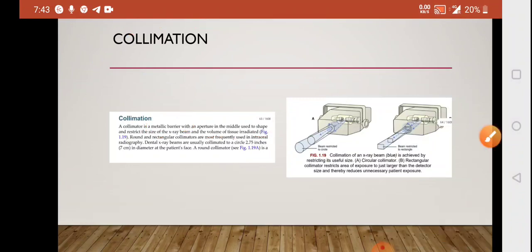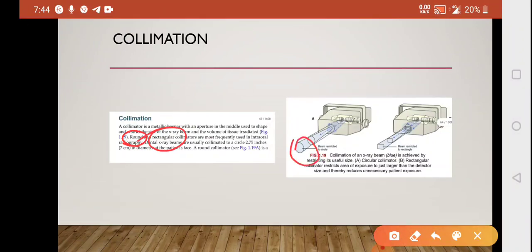Collimators are usually round or rectangular in shape, and they are used in intraoral radiography. You can see that this type of collimator is round and this type of collimator is square. So questions can be asked on the shape also, what is the shape of the collimator.